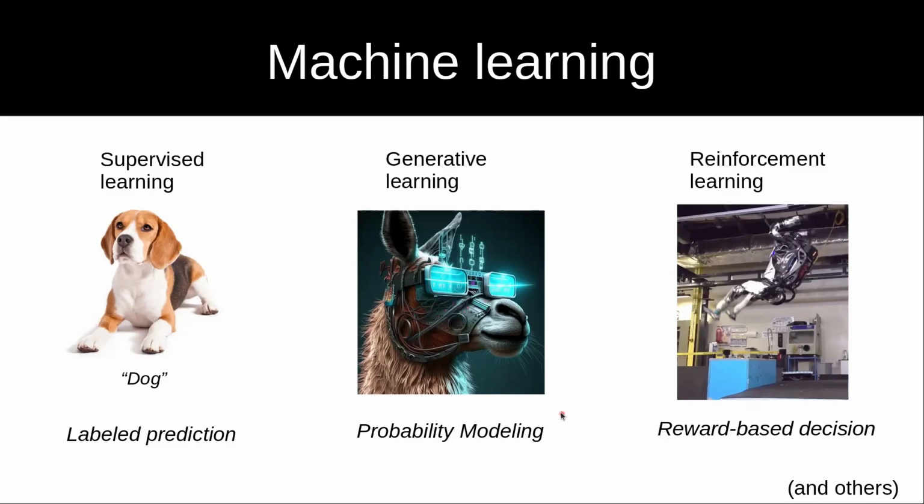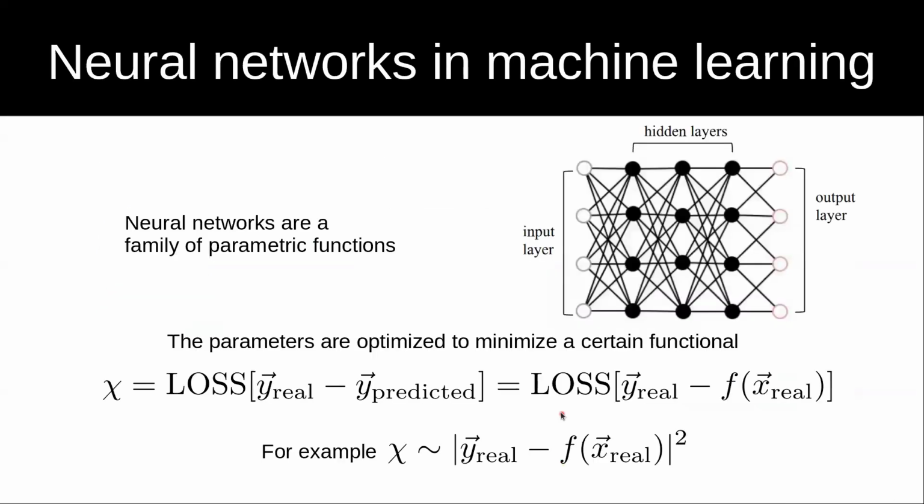What is important is that in machine learning, we many times have a computational method that is common to many of these cases, which are called neural networks. And neural networks are just a family of parametric functions. A neural network is just a convenient way of defining a function that goes from an n-dimensional space to an m-dimensional space. And the different dimensions of the input and the output depend on the very specific problem.